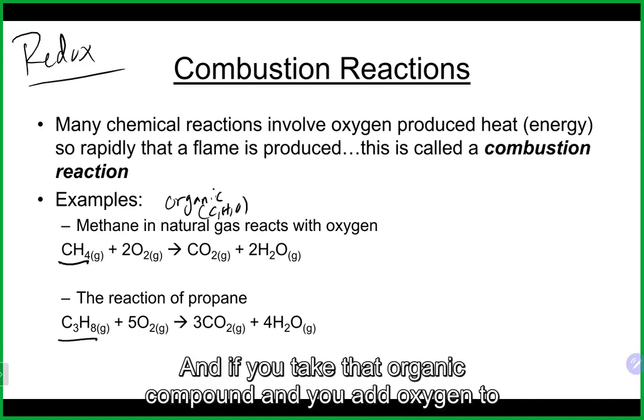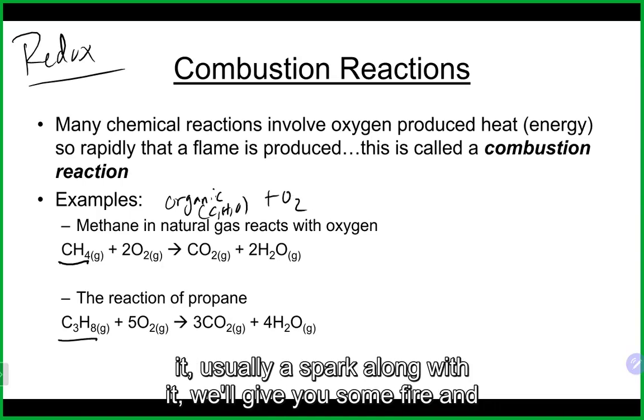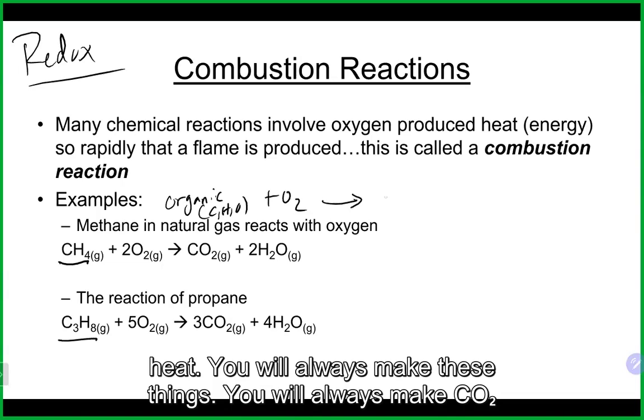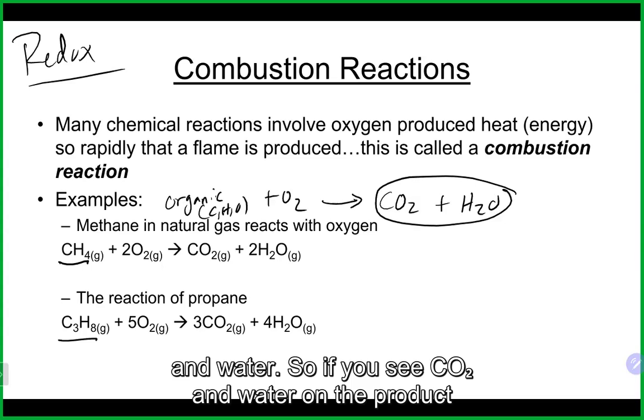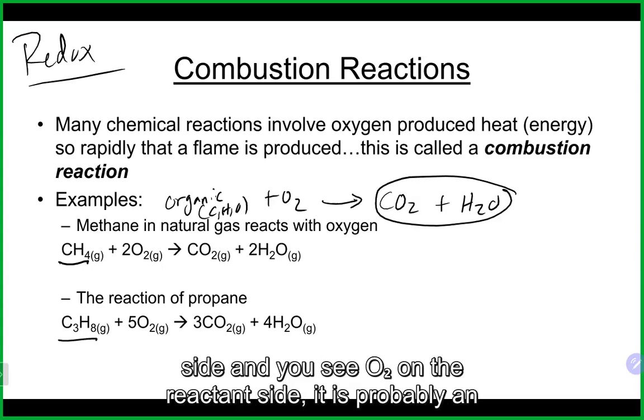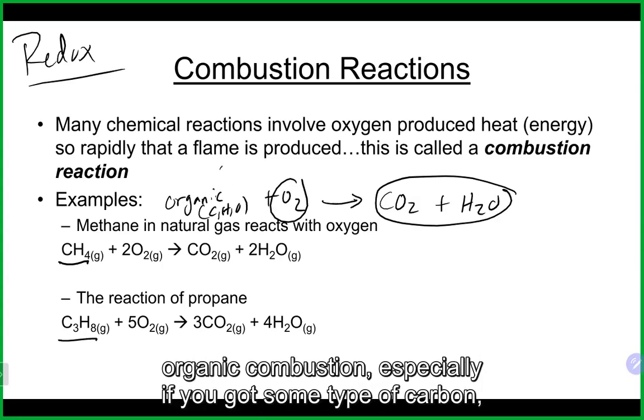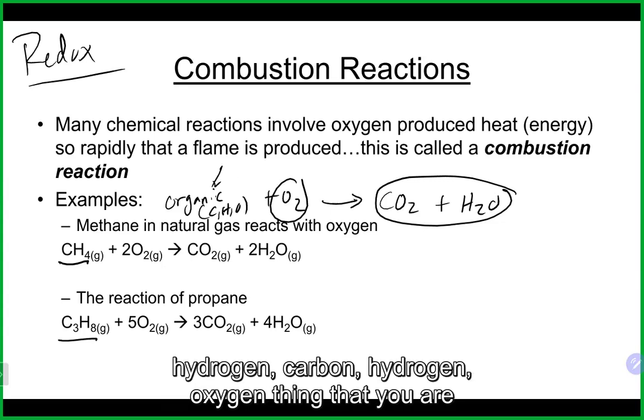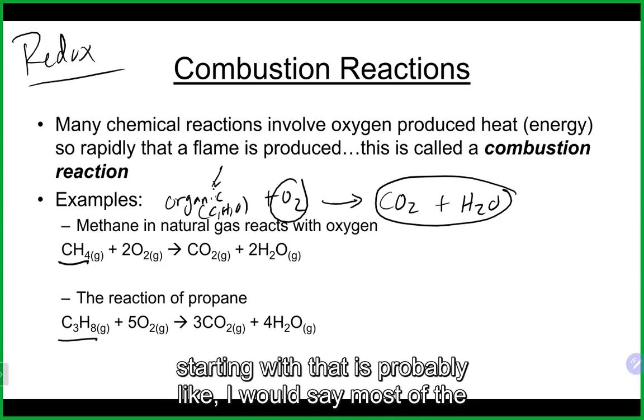If you take that organic compound and add oxygen to it, usually a spark along with it will give you some fire and heat. You will always make CO2 and water. So if you see CO2 and water on the product side and O2 on the reactant side, it is probably an organic combustion, especially if you start with some type of carbon, hydrogen, oxygen compound.